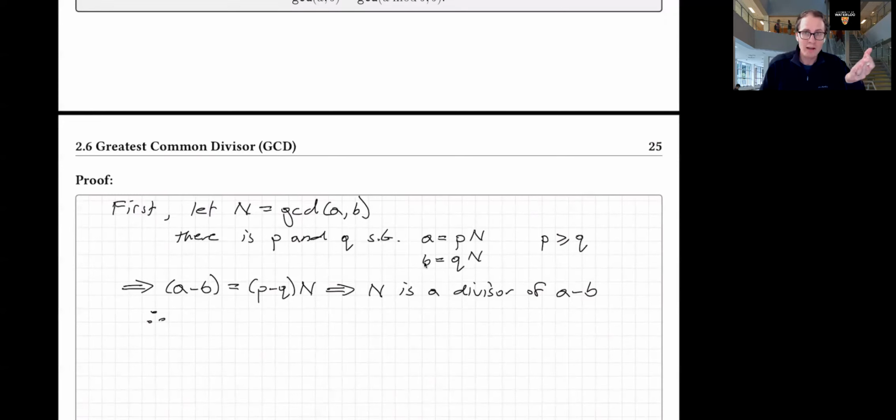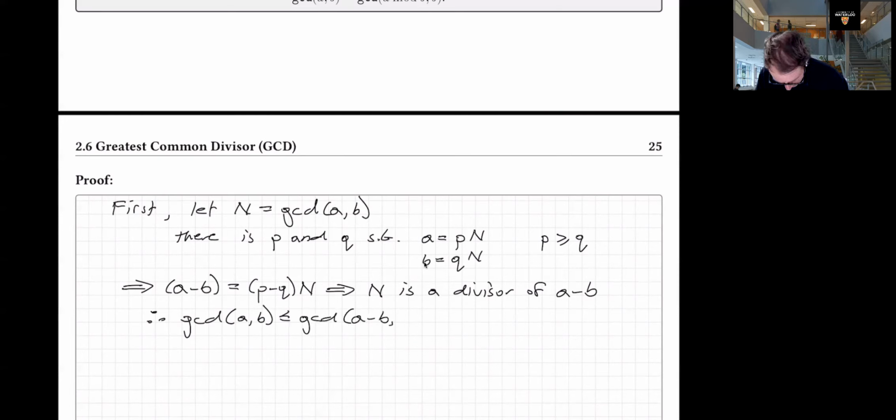Either it is just n or it's something even bigger than n. So that means that the greatest common divisor of A and B, which is n, is less than or equal to the greatest common divisor of A minus B and B.